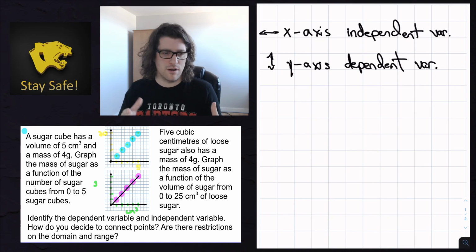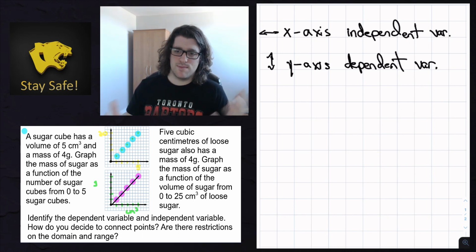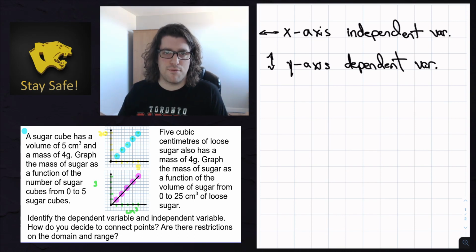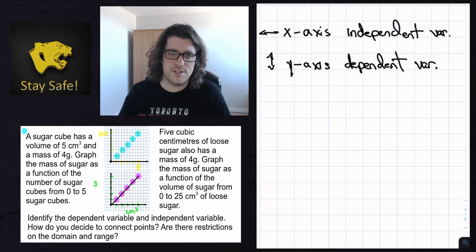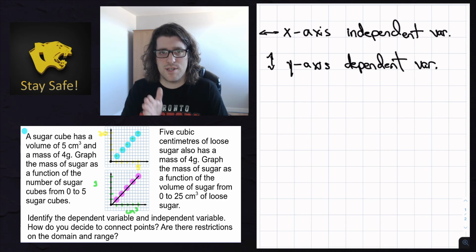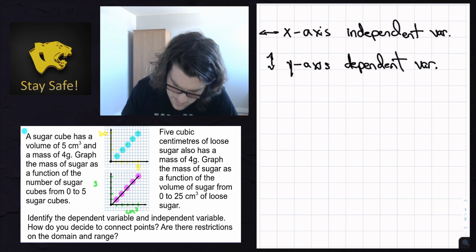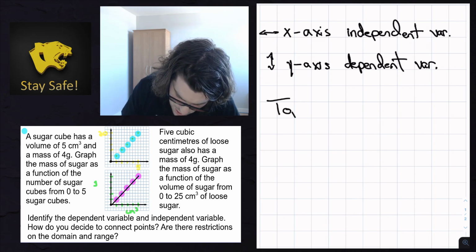So we're told here that it would not make sense to talk about negative cubes of sugar. Same thing with having like -3 centimeters cubed of sugar. So what we're going to say is that 0 is the lowest amount of sugar that you can select. So if I'm talking about the domain, I'm going to do the top graph first.